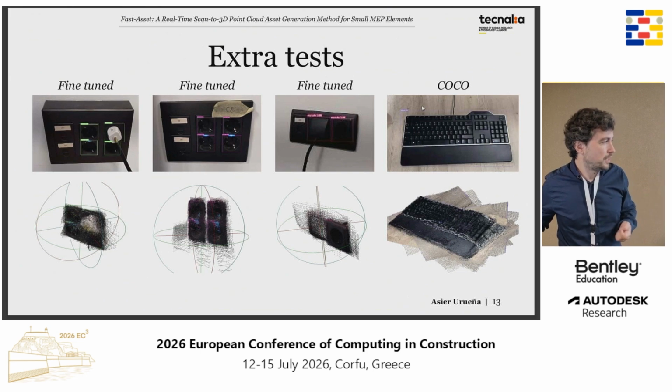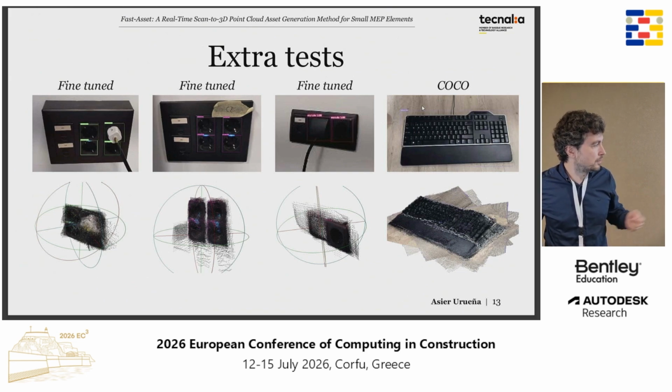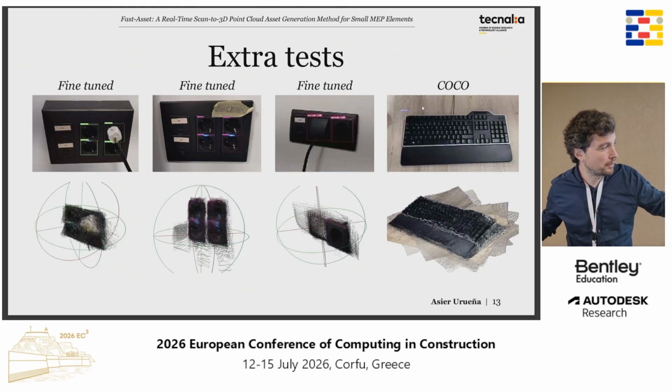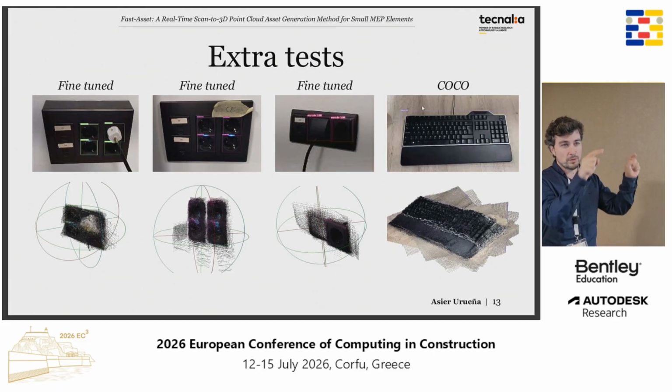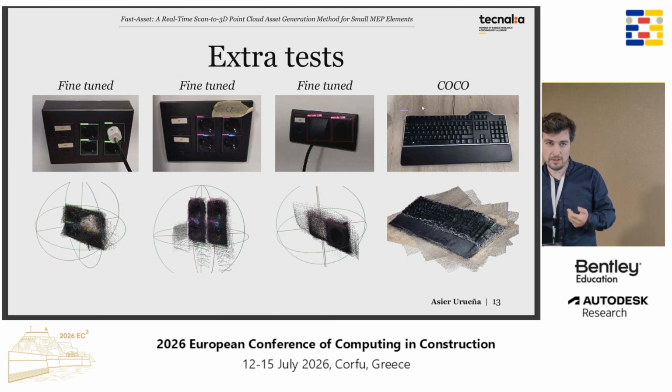We did some extra tests that we didn't evaluate with numbers. You can see on the keyboard a lot of background noise. That's mainly because of the form factor and because it's not mounted on a wall. If it were mounted on a wall, the bounding box would be almost perfectly aligned with the shape, and we wouldn't get so much background. So that's a limitation.